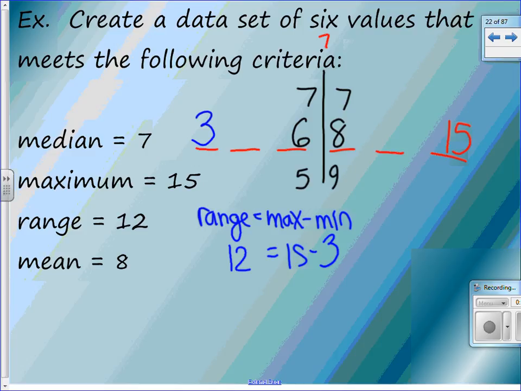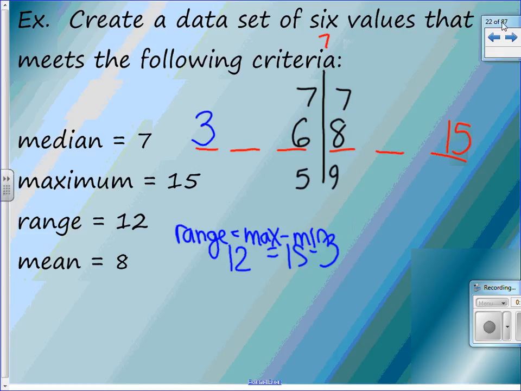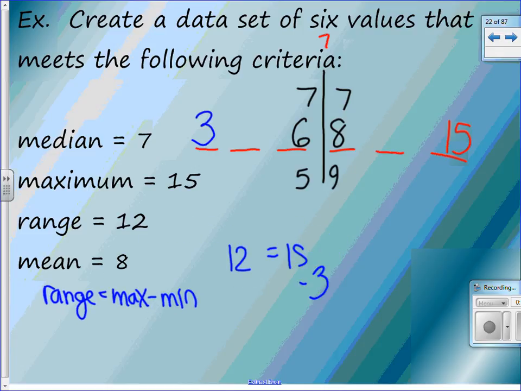Okay, can I finish? You can tell me now. Oh, okay. So we've got to find the two numbers that are missing. Right? So we know the mean is 8, and it's only 6 numbers, so we can just multiply 8 by 6, and then you get 48, and then you add all the numbers together.